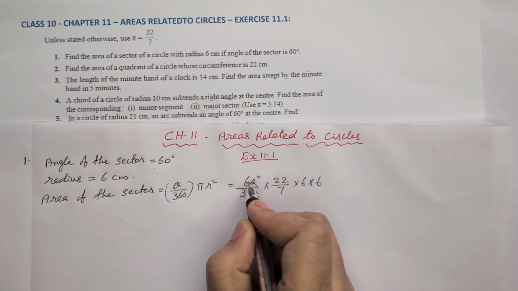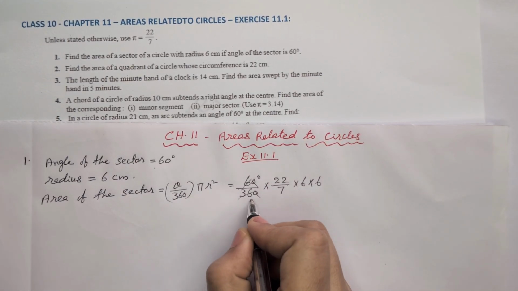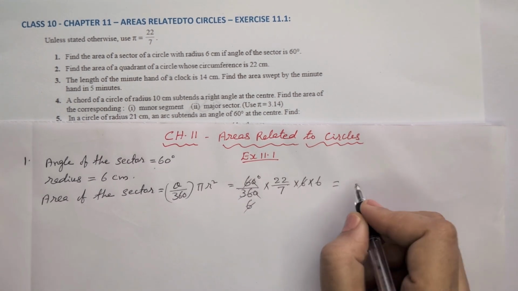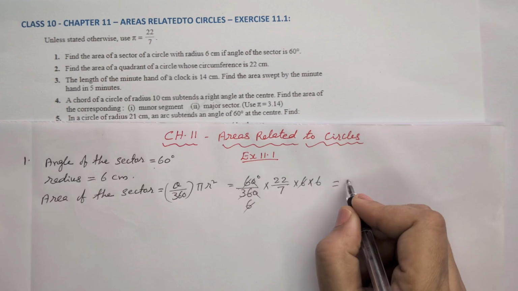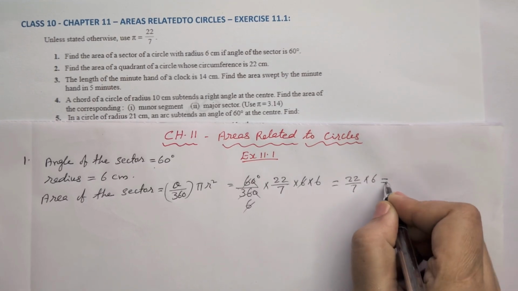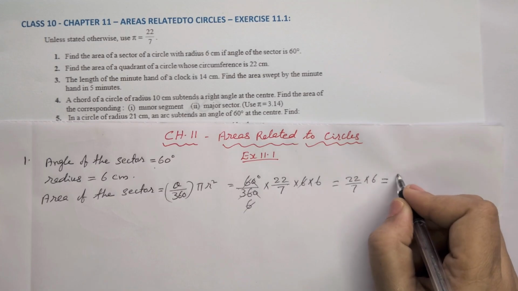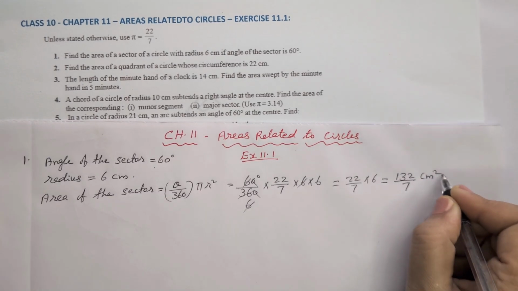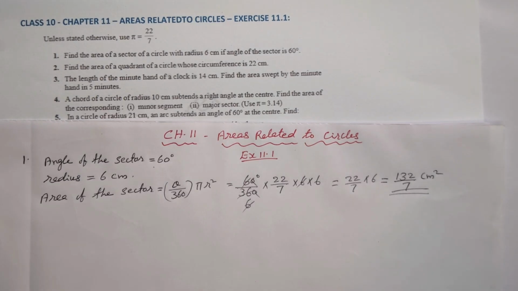We can cancel when dividing by 6. Then 22 by 7 into 6 is equal to 132 by 7 centimeter square. That is the area of the sector.